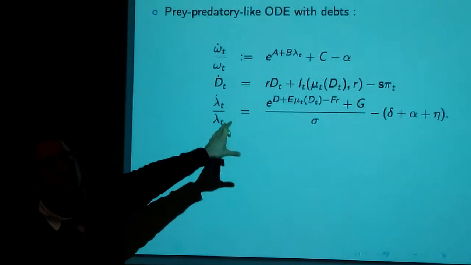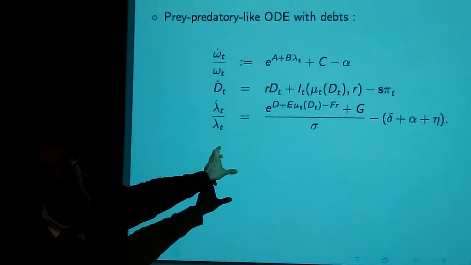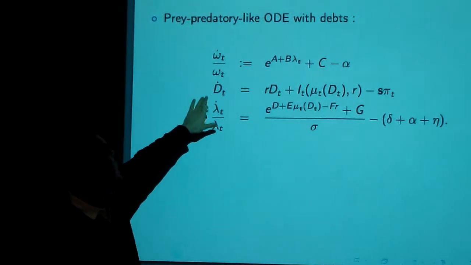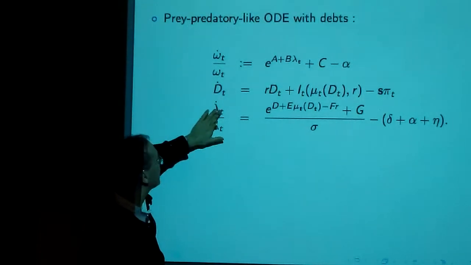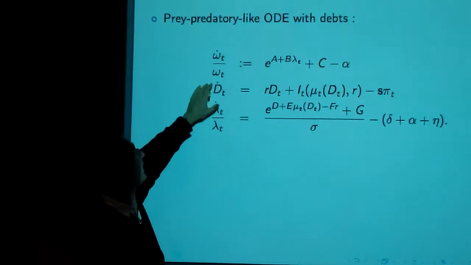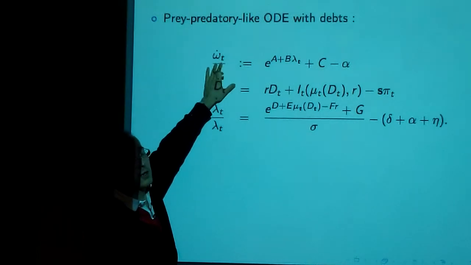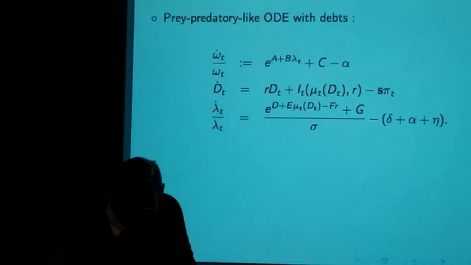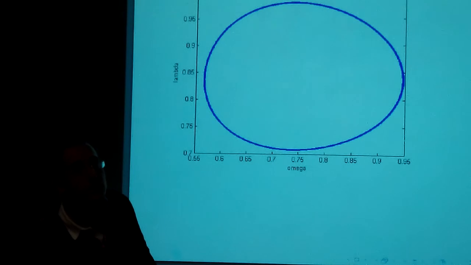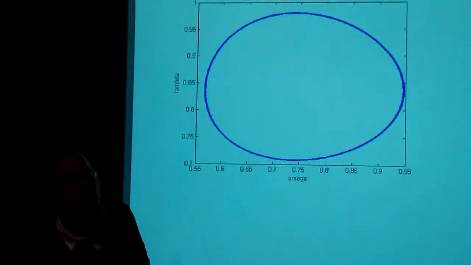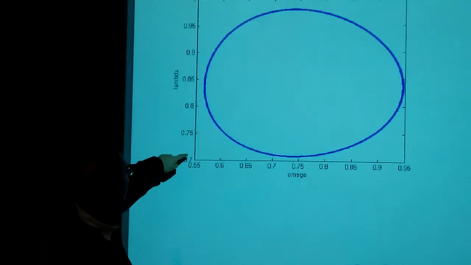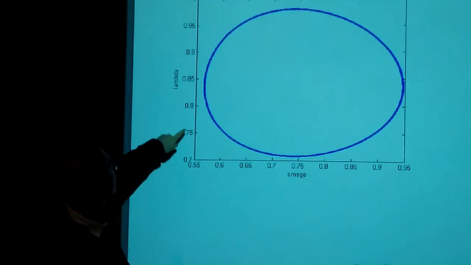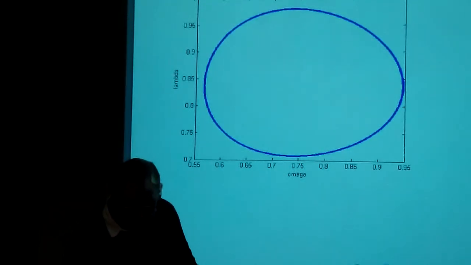It's a three-dimensional non-linear dynamical system, where you have a dynamics for debt. This is the employment rate, and this is the wage rate on GDP. If you don't have debt, you have a perfectly conservative model where employment goes from 70% until 95%.